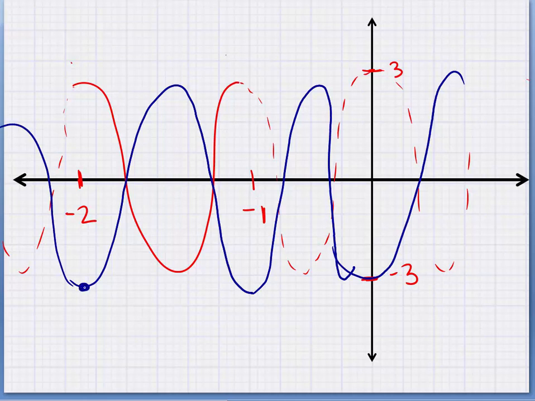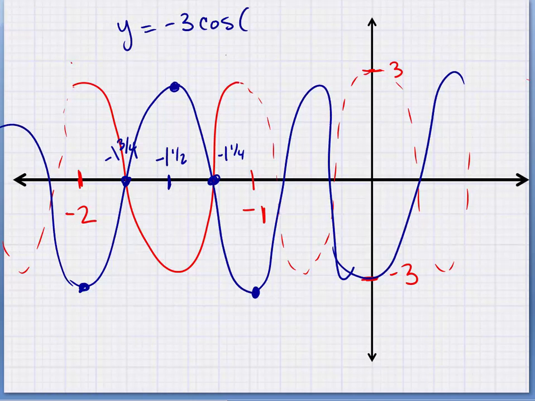The points on the ends, which normally are maximums, have flipped over and are now minimums. Directly in the middle, at -1.5, is a maximum. These two x-intercepts we label as -1.25 and -1.75. The blue graph is the graph of y = -3 cosine(2πx + 4π).